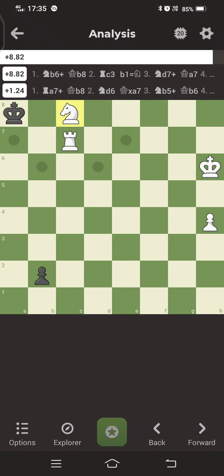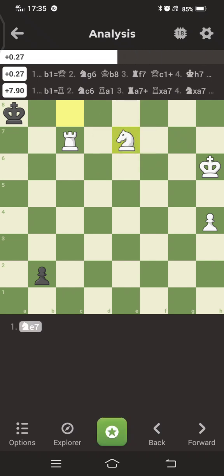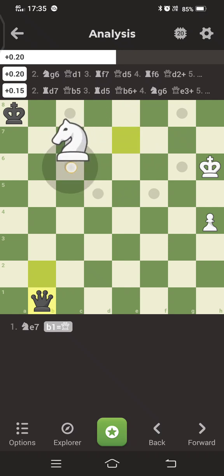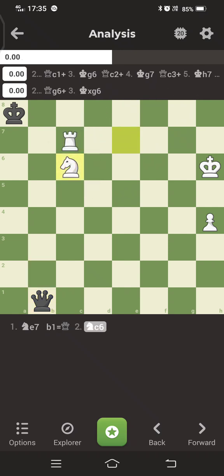After I had the idea, I played the game with a computer, and these are the learnings I gained from playing with the computer. So white moves here, then black converts the pawn to a queen, then white moves to c6.